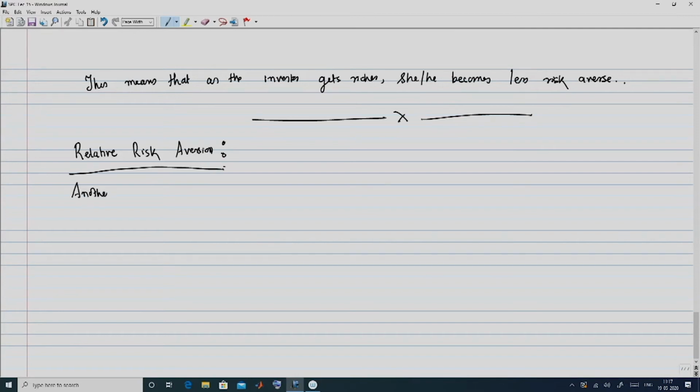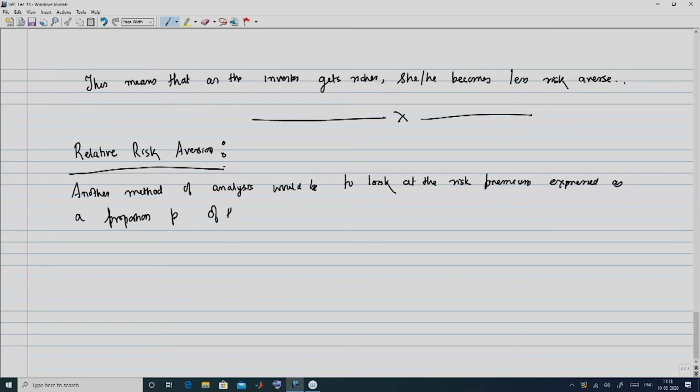We start off by observing that another method of analysis would be to look at the risk premium expressed as a proportion P of the wealth.